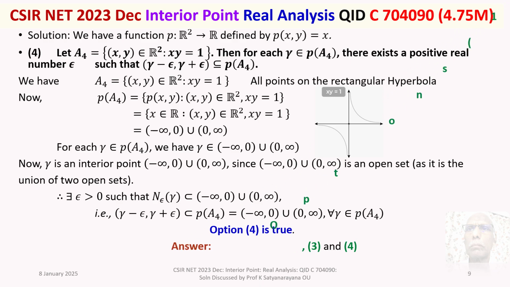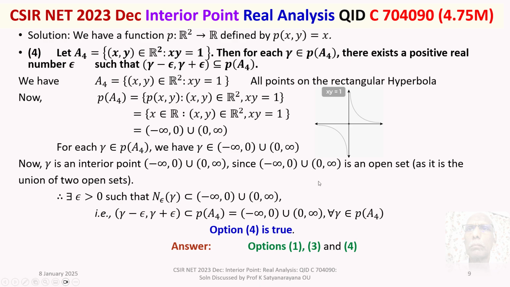That is the detailed discussion of the solution of the given problem from the section real analysis, which is related to the concept of interior point of a set. And I rate this question as a very, very easy question. Once you find out what A1, A2, A3, A4 are, then apply the projection map on the x-axis.